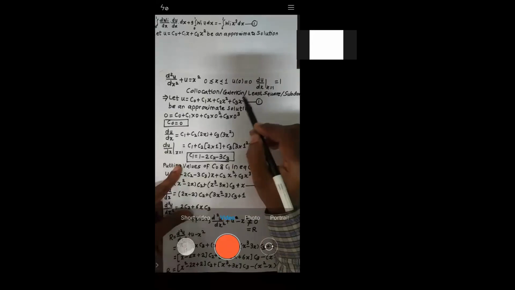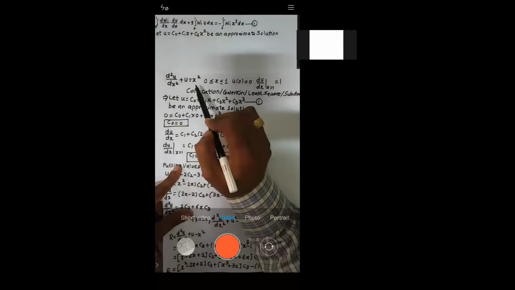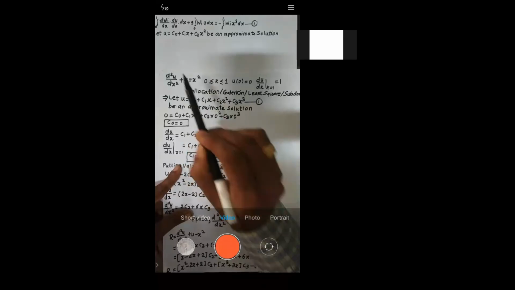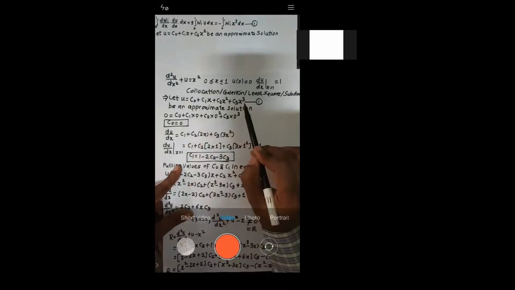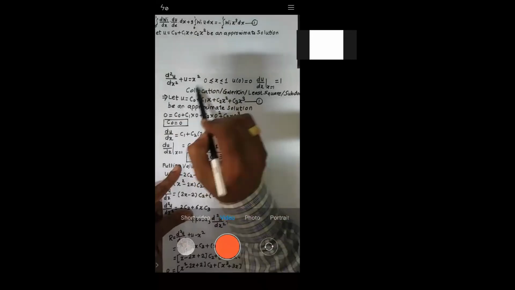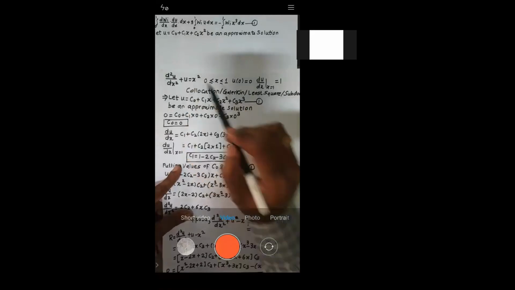So just by seeing this equation, immediately we have started with the solution where we have written the approximate solution whose degree is 1 greater than the order of differential equation. What is the order here? 2. So what is the power of x you have taken? 2 plus 1 is equal to 3. Is it okay?